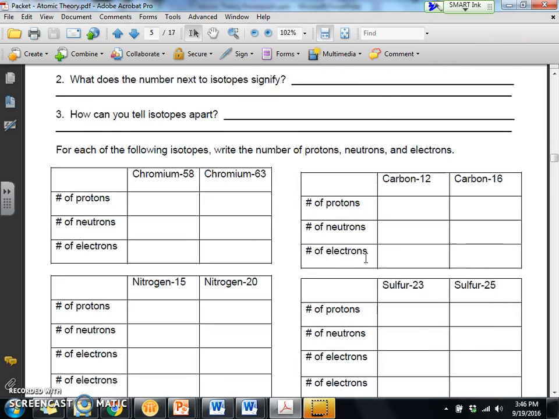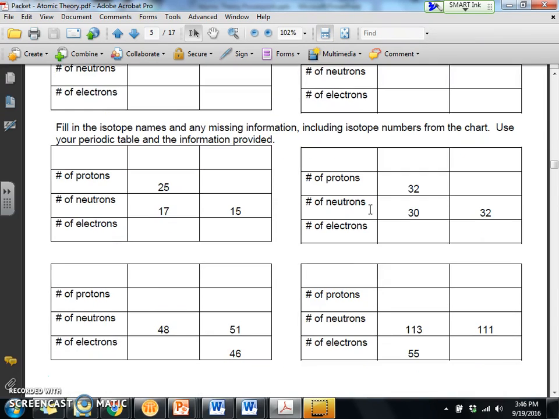I will, however, go through the one on the bottom because I want to show you how to write the name. So if we look at this one right here, okay, we see that it has 25 protons, which means it is number 25 on the periodic table, which would make it manganese. Now, these boxes to write your name right here above it are a little small.